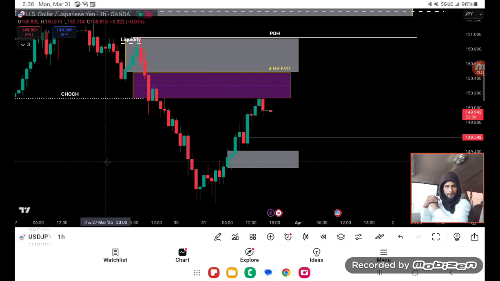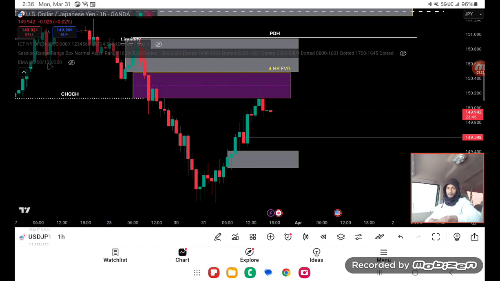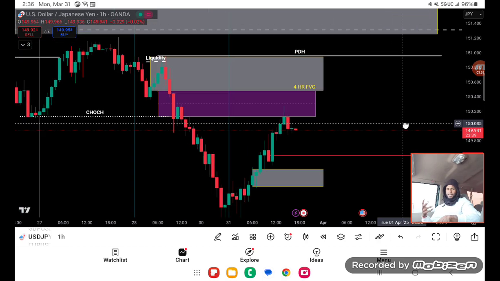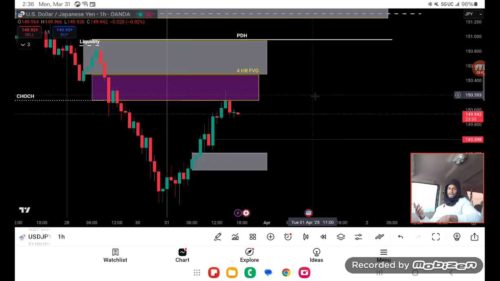The 1-hour time frame is usually where most of my confluences are. So first what I'm gonna do is put on my daily indicator, which basically separates each day at 12 o'clock midnight.